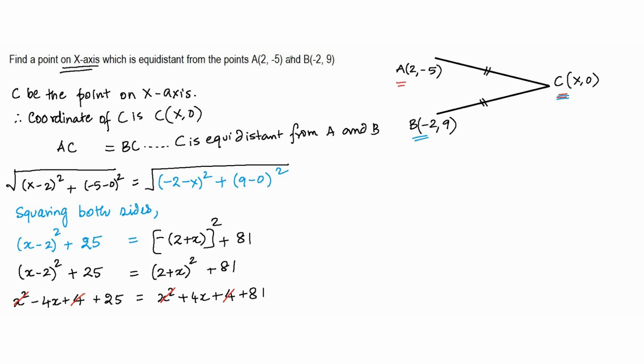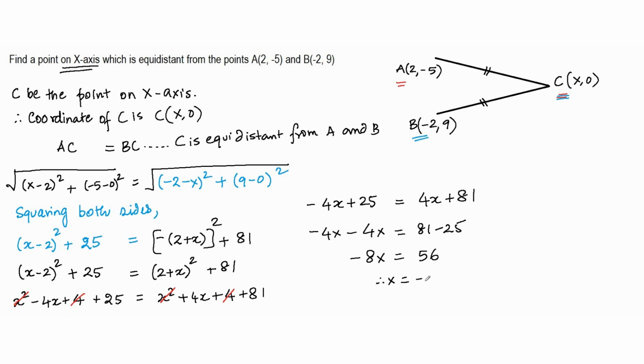So the numbers that are remaining are minus 4x plus 25 is equal to positive 4x plus 81, and therefore negative 4x is 81 minus 25, which means negative 8x is equal to 56, and therefore x equals minus 7.